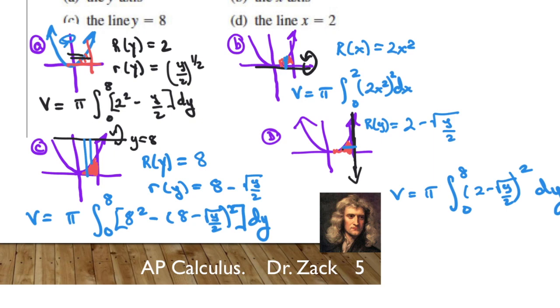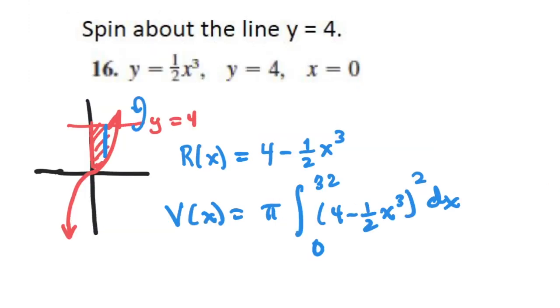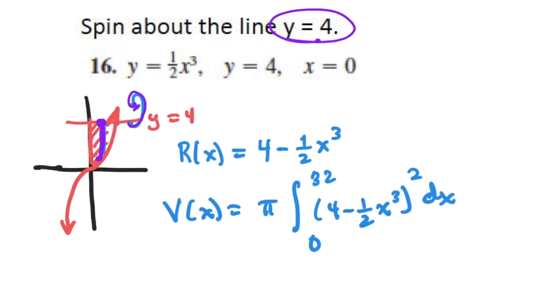Give questions number 16, 22, and 29 a try, and then you can check through your answers. Draw carefully when you're looking through your problem set. In this one, you were spinning about y equals 4. So the radius goes from the axis of revolution to the outer edge. Notice this is a solid disc problem.